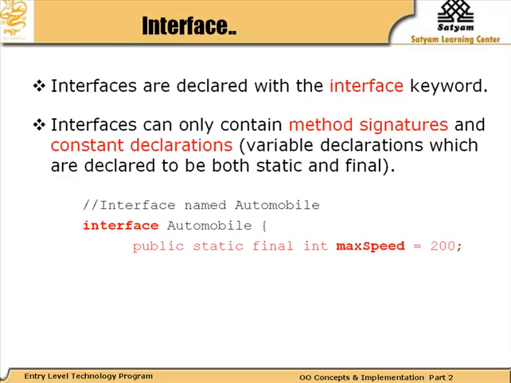Here is an example. Interface automobile. Here I have a public static final int max speed, where max speed refers to a constant variable declaration, whose value cannot be changed further.